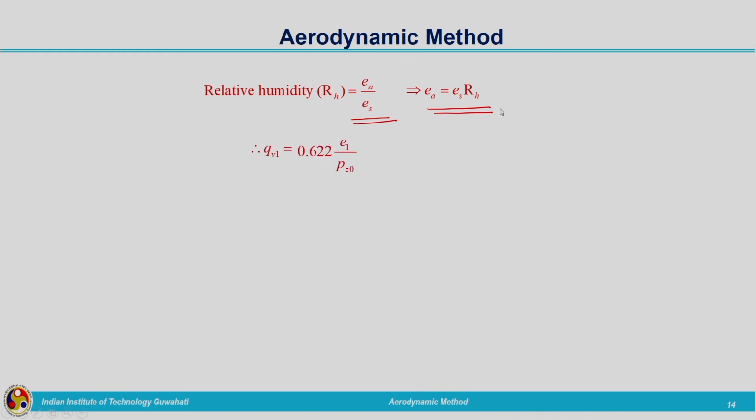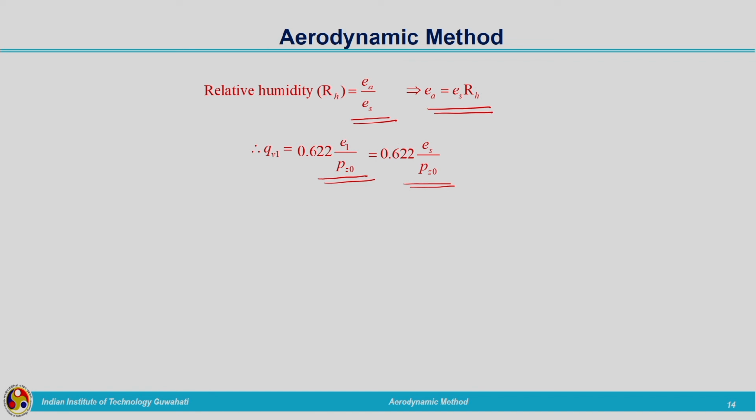Now, QV1 is given by 0.622 E1 by PZ0, where PZ0 is the pressure at the water surface. It is given by 0.622 ES divided by PZ0, with the assumption near the water body that we are taking the value Z1 equal to Z0.